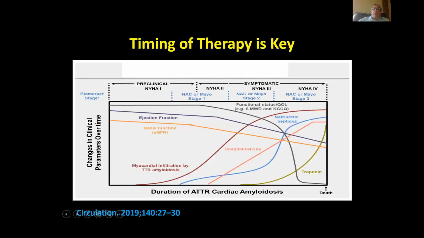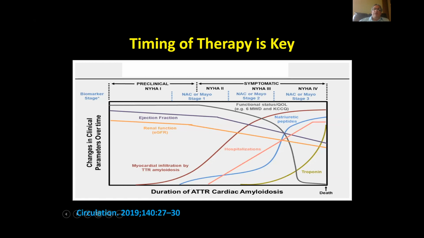I think what's emerging from the data, though, is that timing of therapy for transthyretin amyloidosis is really key. And this is a diagram from an editorial I had the privilege of working on with Justin Grogan from UT Southwestern. I think it's important to just review. This is the duration, if you will, of cardiac amyloidosis.